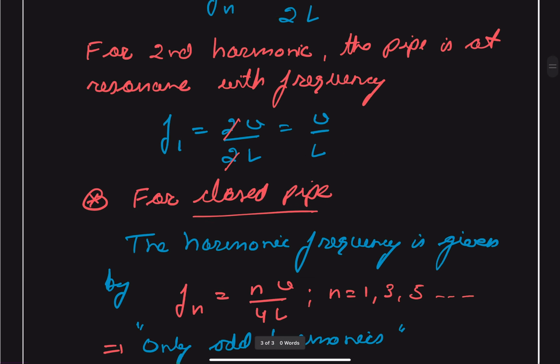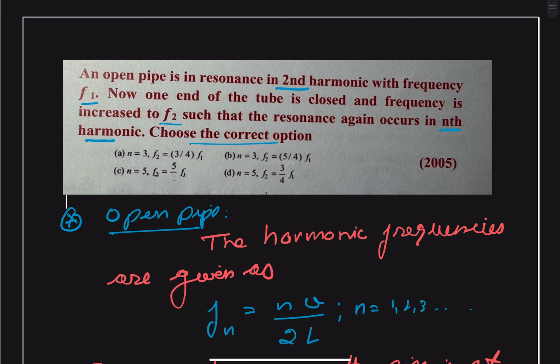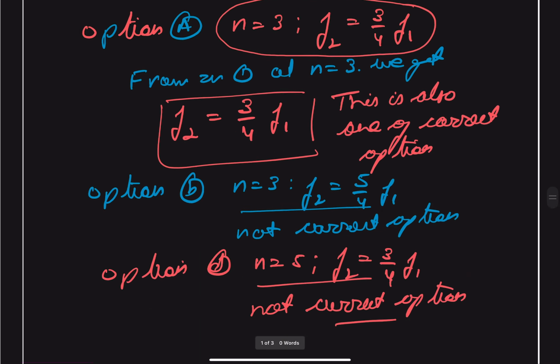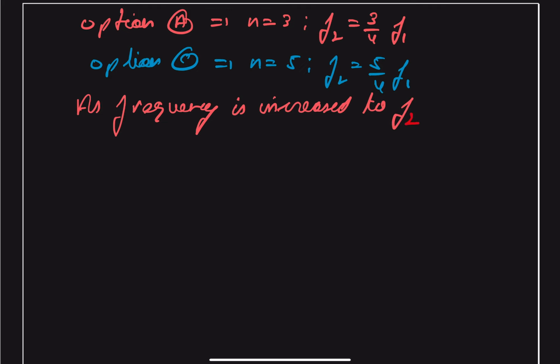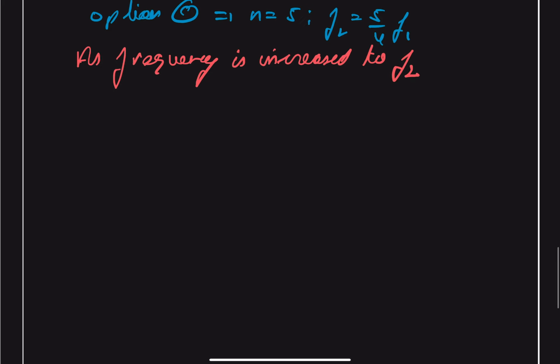In the question, it is mentioned that the frequency is increased to f2. Therefore, f2 is greater than f1, so f2 upon f1 will be greater than 1.